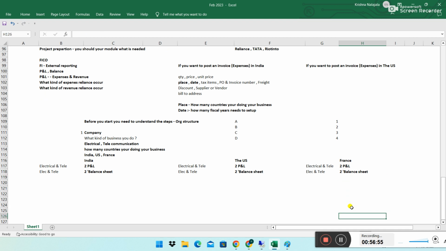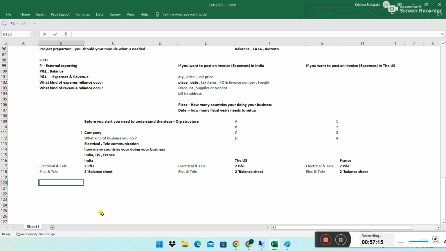In SAP language, in the organization structure, first we know the company is Reliance, and wherever it is doing business, we consider that as a country, right? How many countries have I noted?